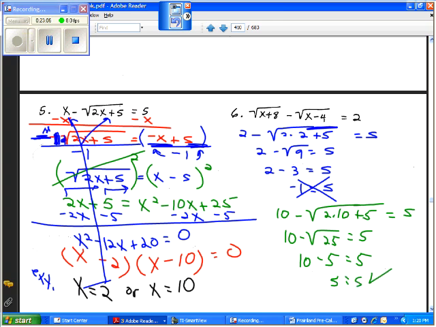So 5 equal 5. So we keep the 10 and we cast out the 2. Any questions on that? Everybody good? All right.